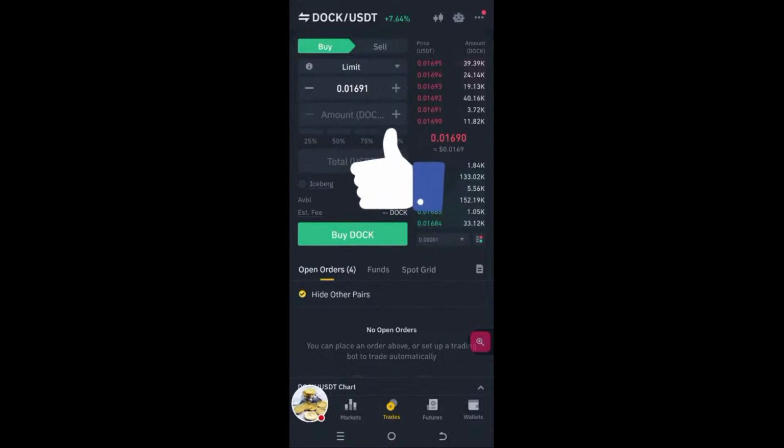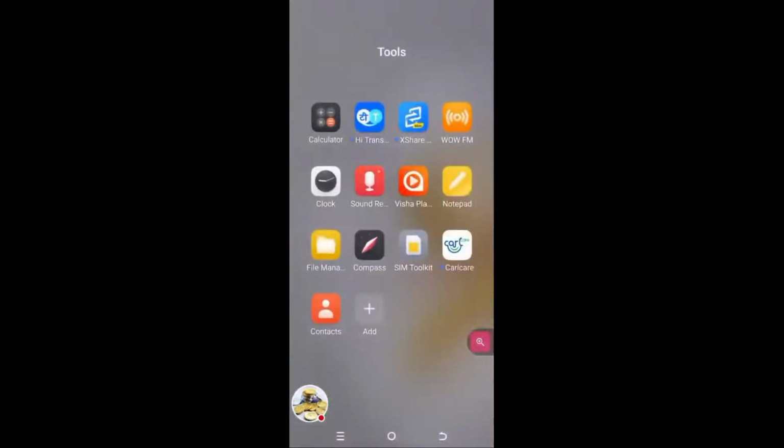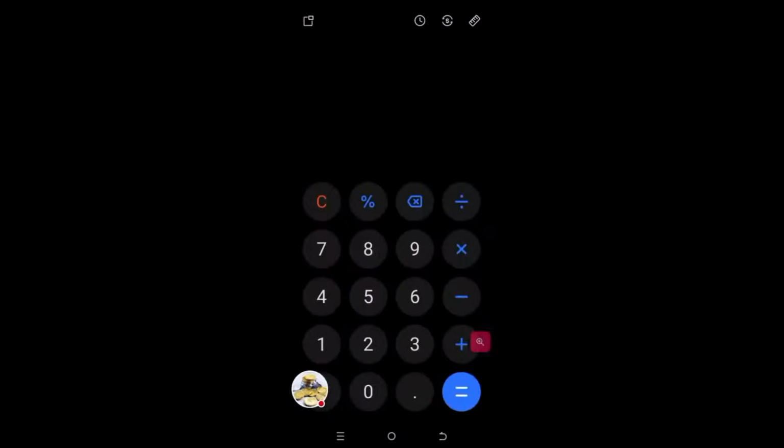We made 74 cents. 74 cents is how much? Let's go check how many percentage that is. Let's go and check on the calculator. That's 50 times 1.4. Yeah, that's a bit more than 1.4. Let's see, 1.45. Let's see, 1.44.